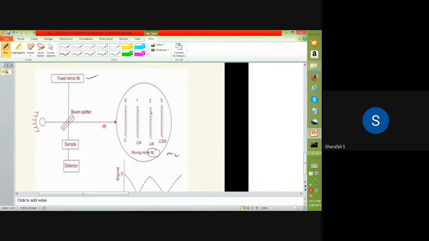This is M2 at different positions: 0, lambda by 2, lambda, 3 lambda by 2, then we have 2 lambda. And this is your IR source.